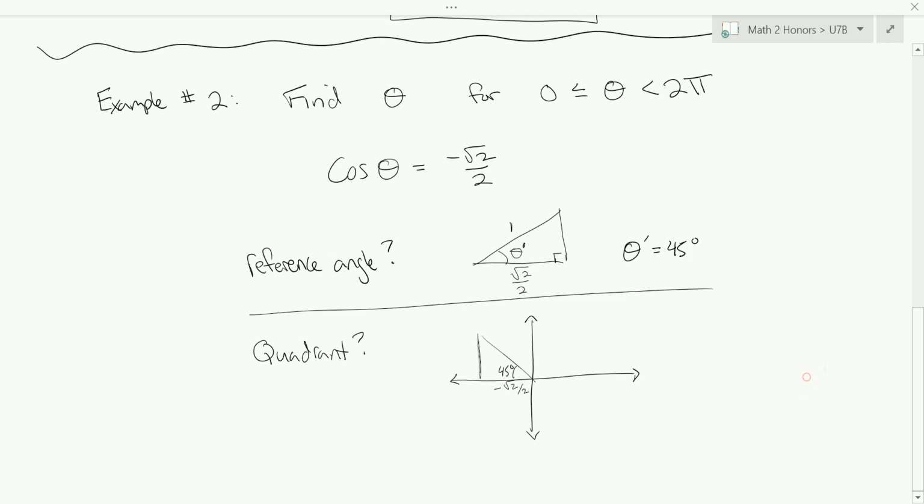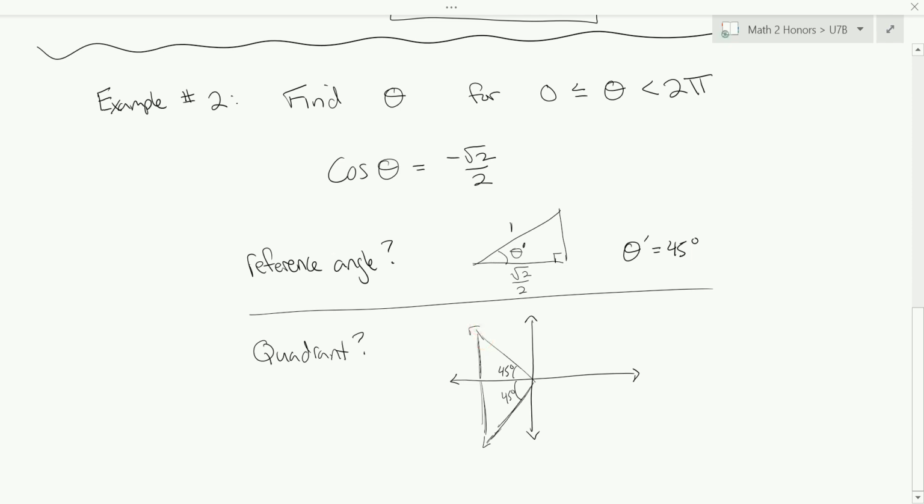And it will also work out if we put it in quadrant 3. Getting a little too busy here, I'm going to erase that negative root 2 over 2, put a 45 there. So we're looking for these two locations.